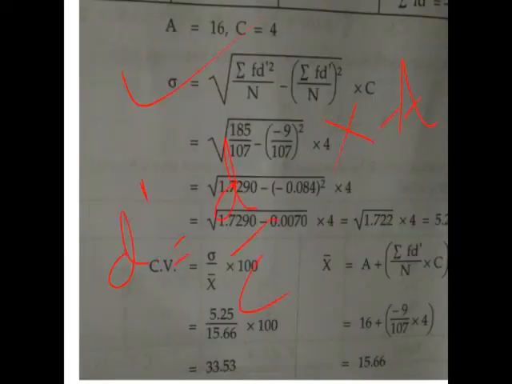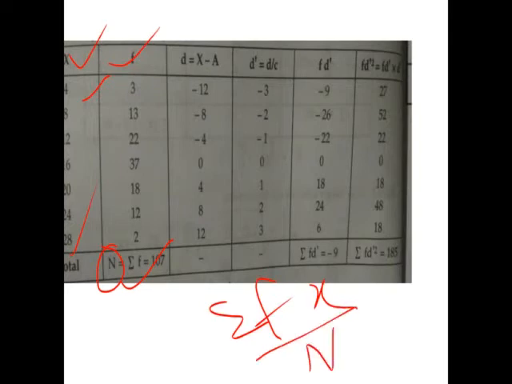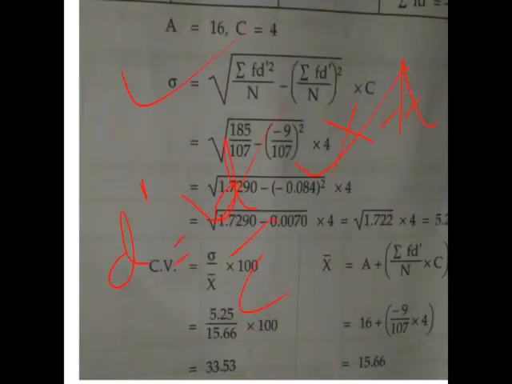Now what do you require? You require the value of d. d means what? x minus a. So how do you calculate x minus a? x is this value 4. a is the assumed arithmetic mean. So how do we find that mean? Our usual formula: sigma f x divided by n. If you use this formula, you will get some arithmetic mean.